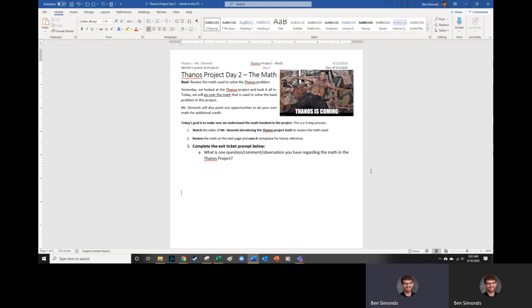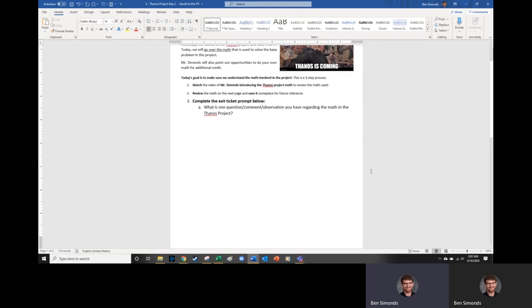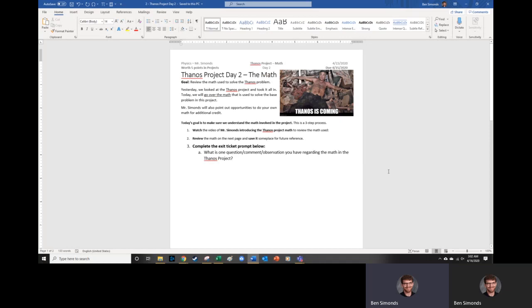We don't know if that's actually how he does it, but we're going to make that assumption. And we need to calculate: what is the new G? How much did G increase in order for that to happen? That's the goal of the project: find G once Thanos has turned gravity up a notch for the moon. So let's look at that math.